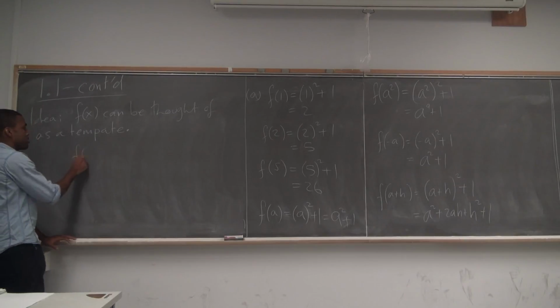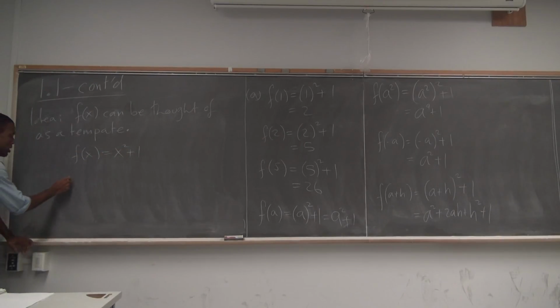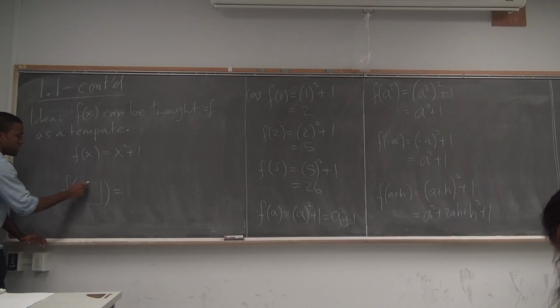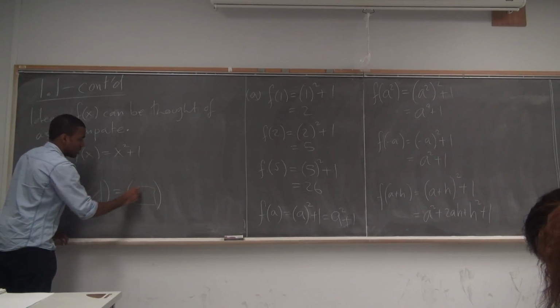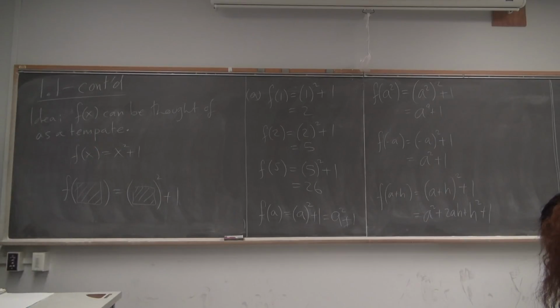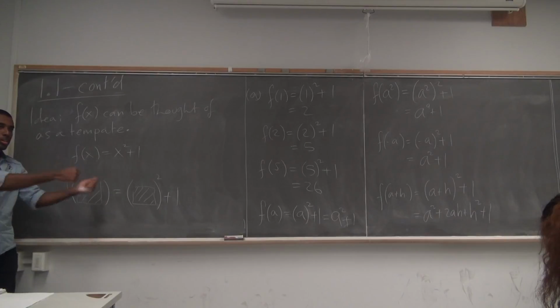So when they say f of x equals x squared plus 1, they're telling you what the definition is. f of whatever is here is just going to be whatever squared plus 1. That's sort of the idea. Wherever that x is, you think of it as a placeholder. It's just a template that you're going to be plugging things into.